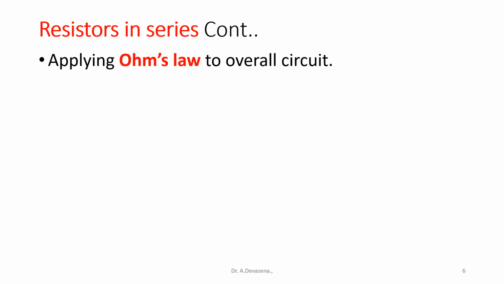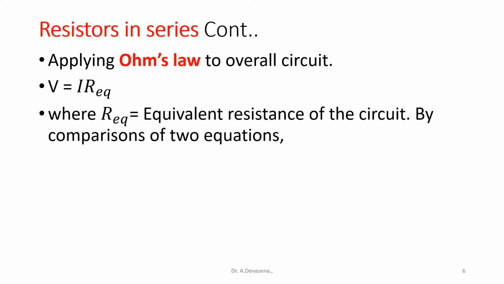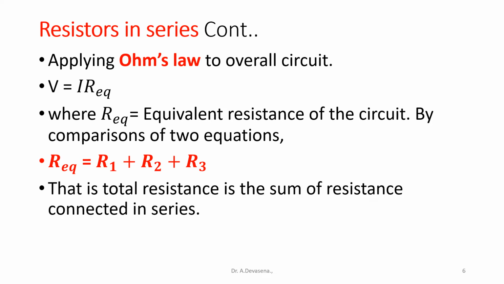Applying Ohm's law to overall circuit, V is equal to I into R equivalent, where R equivalent is the equivalent resistance of the circuit. By comparison of the two equations, R equivalent is equal to R1 plus R2 plus R3.